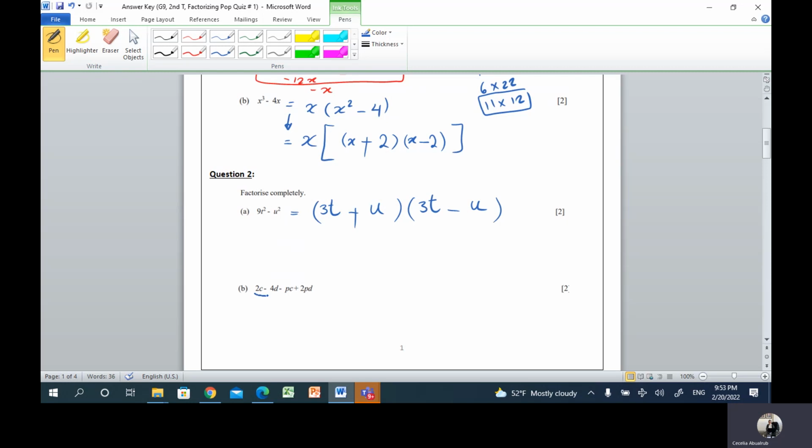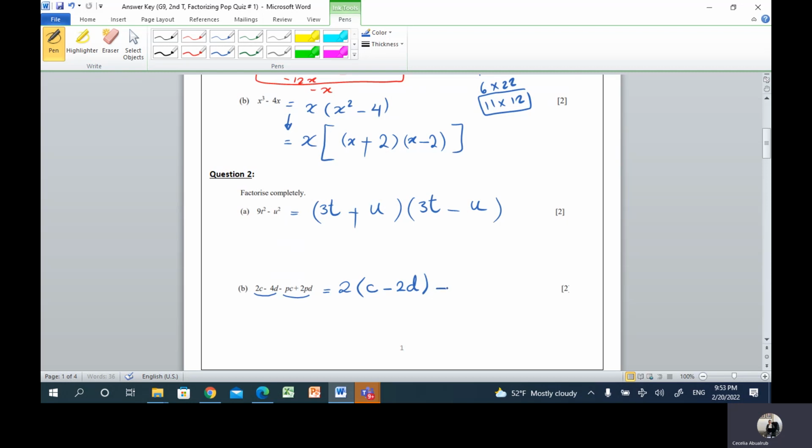Let's go to the next one here. We have 1, 2, 3, 4 terms. We're going to take every two terms together. So 2c minus 4d, the 2 as a common factor will come out. Open a bracket, c minus 2d. Why? Because 2 times c is 2c, and 2 times negative 2d will come down to negative 4d.